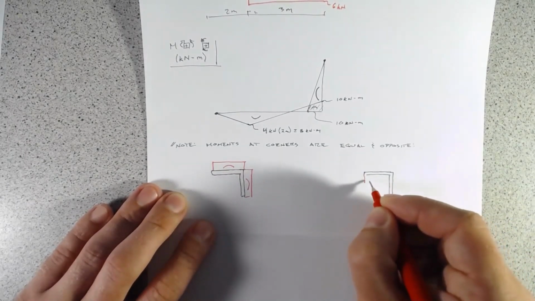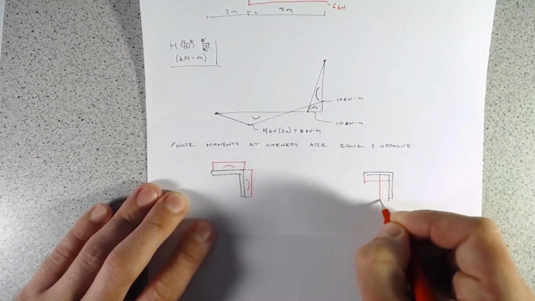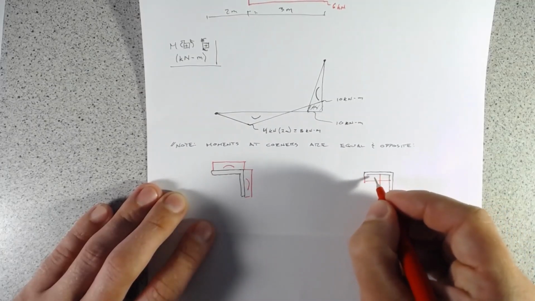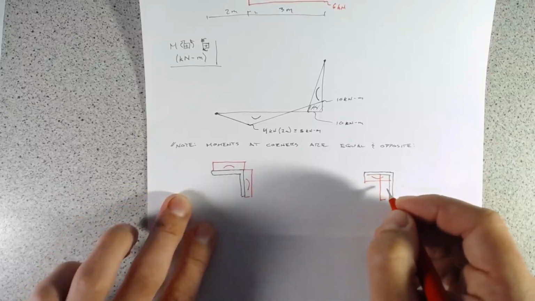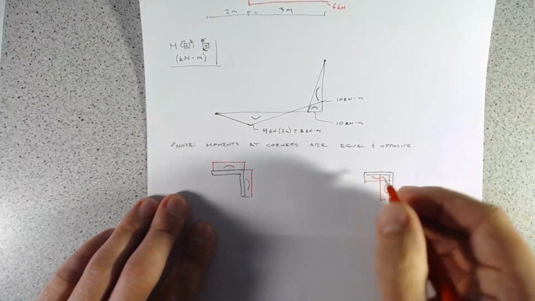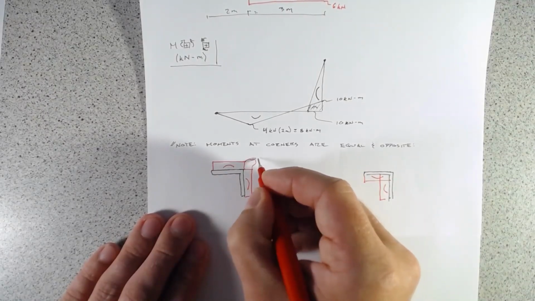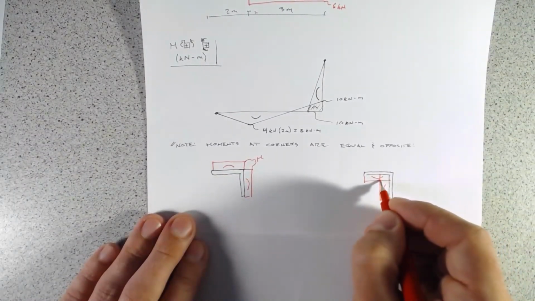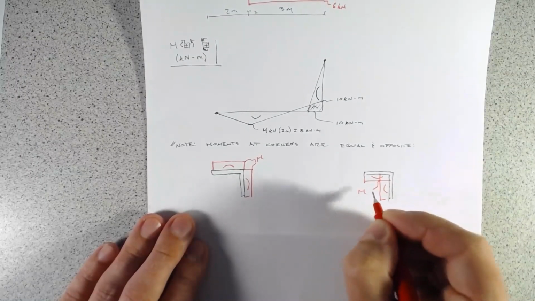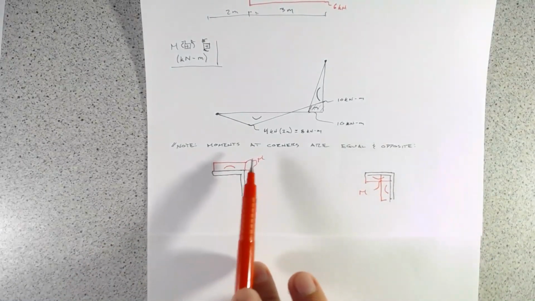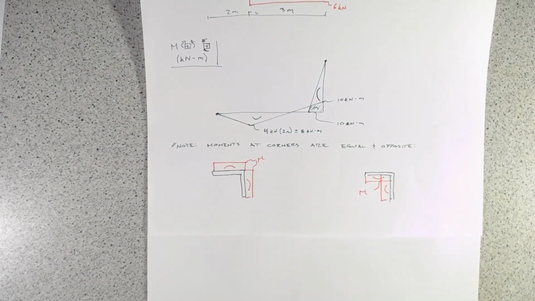Or they will both be on the inside. And if they're on the inside, again, the tension side, we're going to be going like this. And the important part is that these two moments will be the same magnitude. So this is really showing that we're going to be equal and opposite. That's what it looks like graphically.